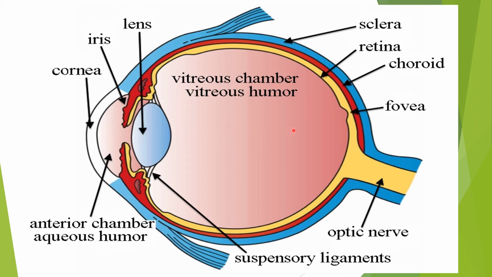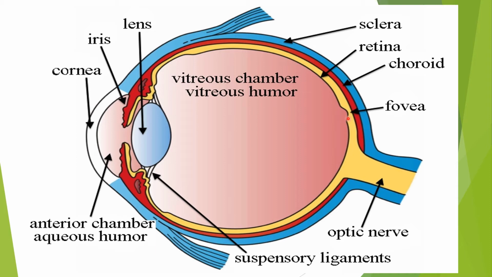The visual axis is an imaginary line passing through the eye horizontally.